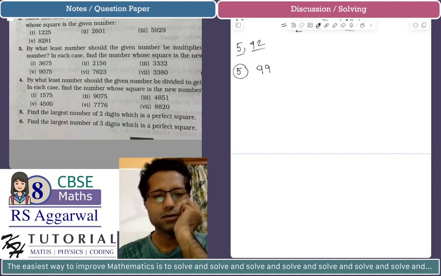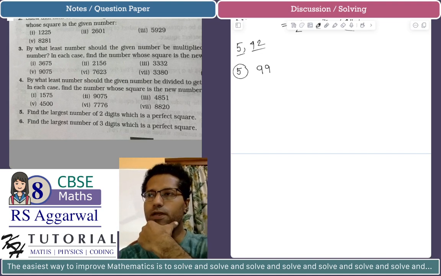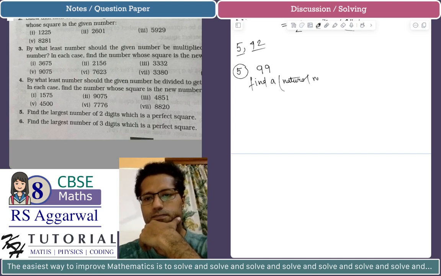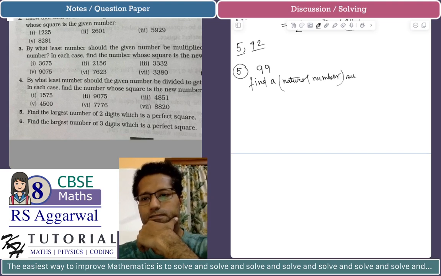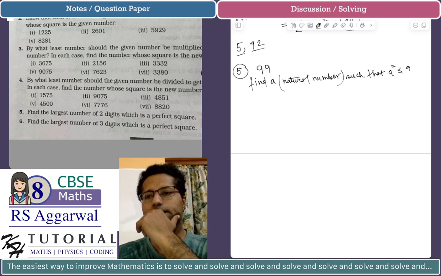Now, one way of solving is that you keep on considering those numbers whose square will be less than or equal to 99. That is, find a, which is a natural number, such that a square is less than or equal to 99.